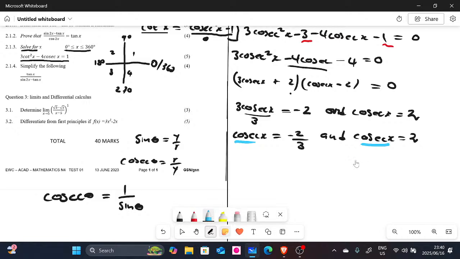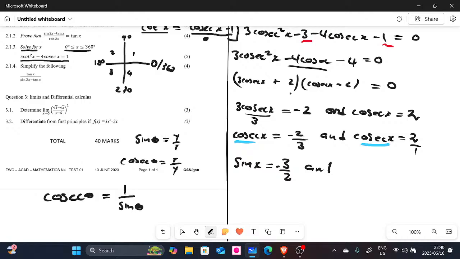Because we have to calculate the reference angles here, guys, right? We can't calculate the reference angles if we have cosec, because we don't have cosec on our calculator. So in order for us to do this, we can write it like that. To save time, you can say sine x, which is the inverse of cosec, equals negative 3 over 2, and this one is the division of 1 there.